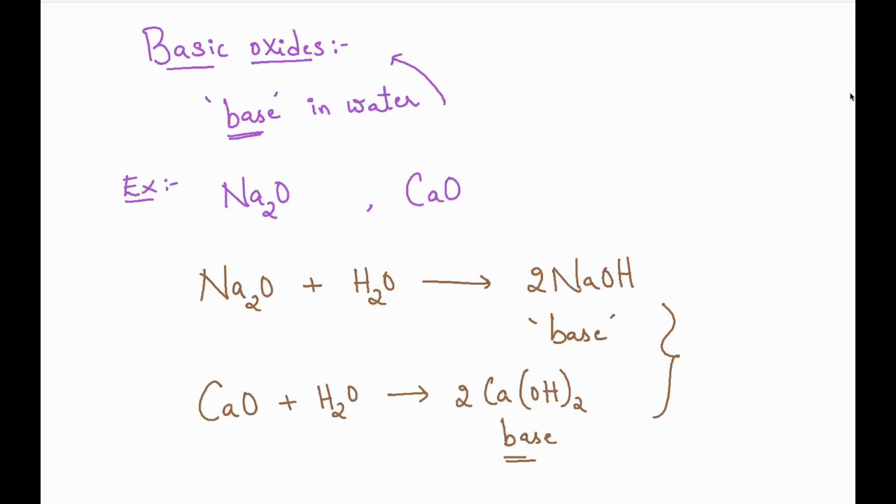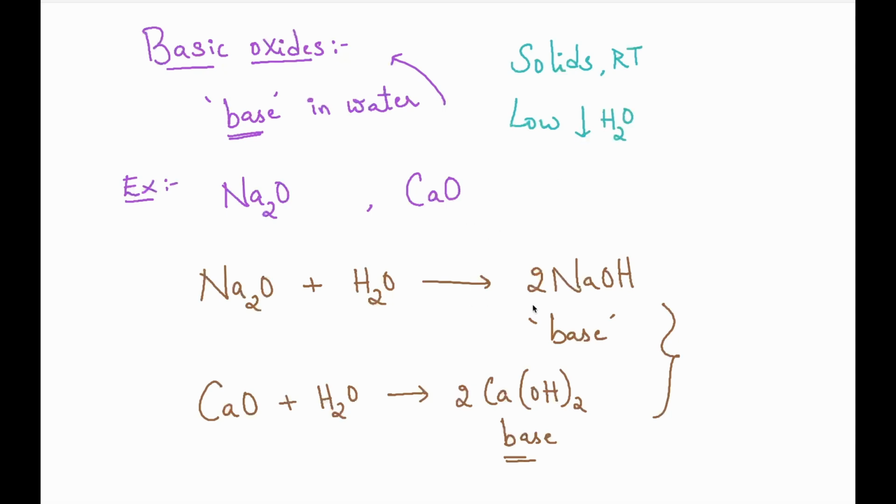Now, let us look at some basic properties of basic oxides or metal oxides. Most of these oxides are solids at room temperature. So, metal oxides usually exist as solids in their physical state, and most of them have very low solubility in water.